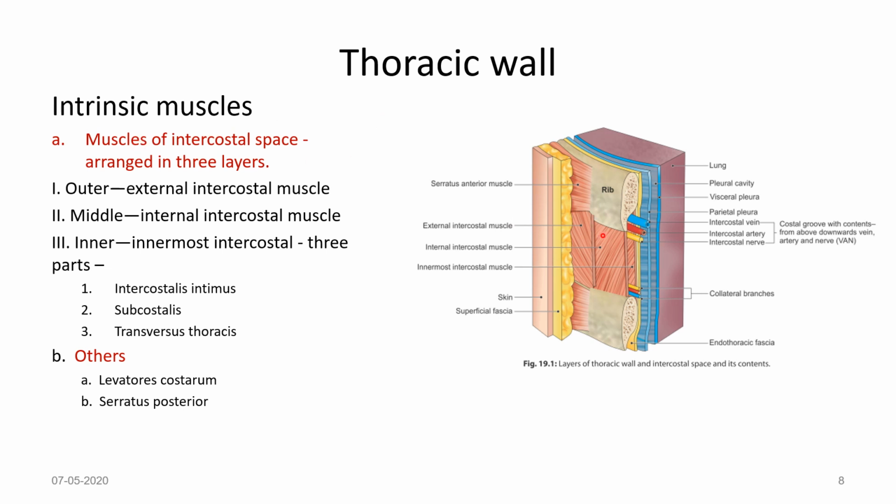So the intrinsic muscles you have seen are the external intercostal, internal intercostal, and innermost intercostal. The other muscles that come under the intrinsic muscles are the levatores costarum and serratus posterior, which will be seen in relation with the posterior thoracic wall.